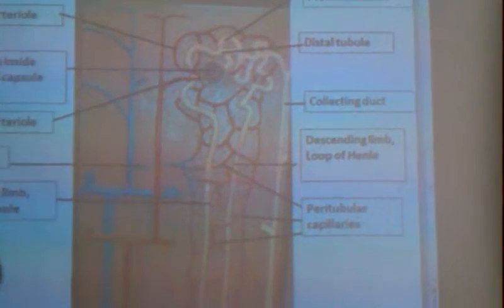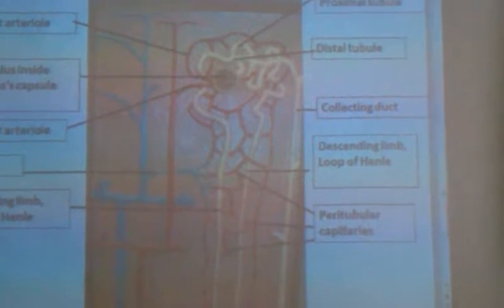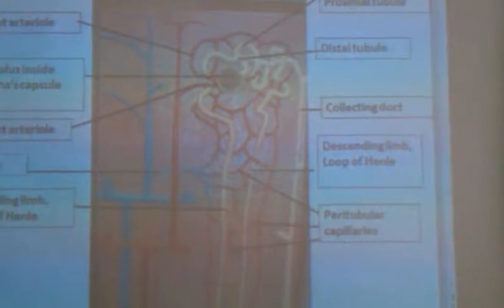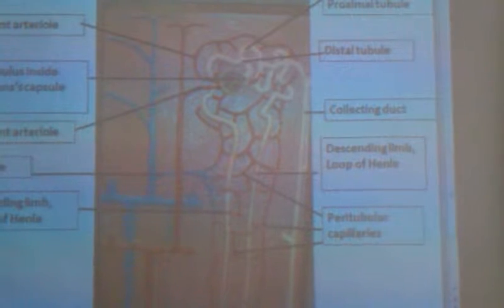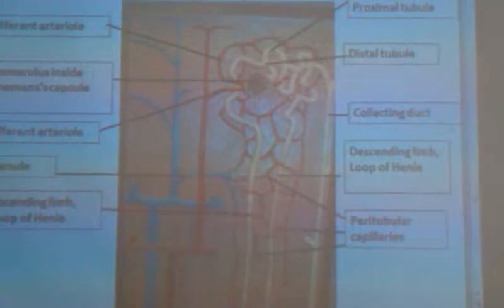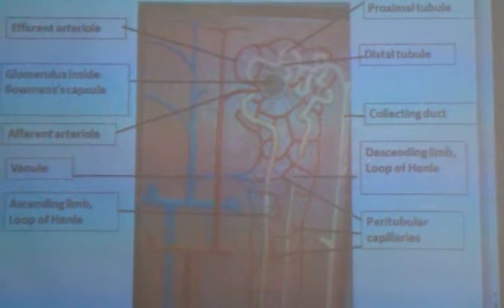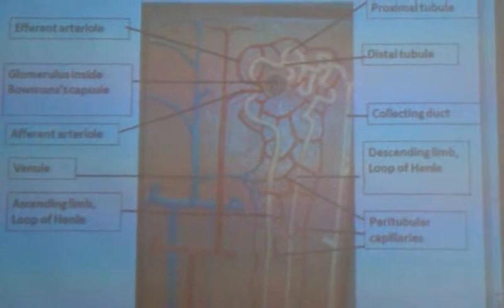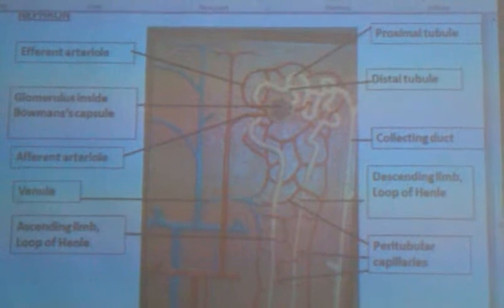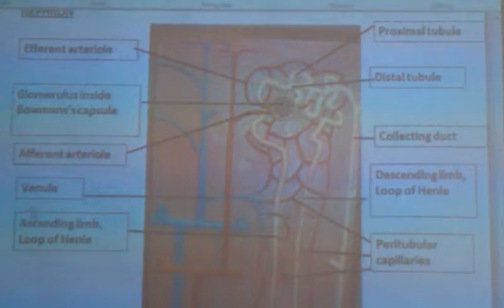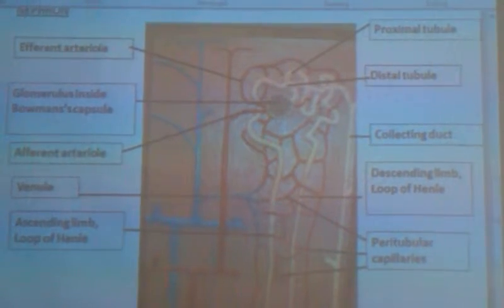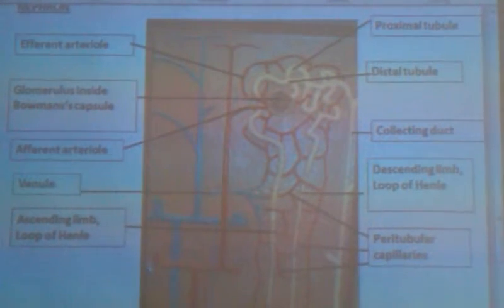The collecting duct is part of the renal pyramid. And then from the pyramid to the calyces, to the renal pelvis, and then down the ureter to the urinary bladder. Okay? So again, we're going to go over all of that in our lecture, but in terms of identifying structures, these are the structures we have to identify.